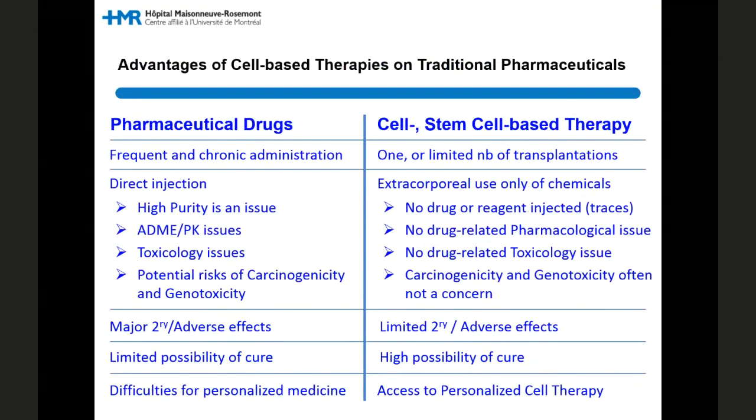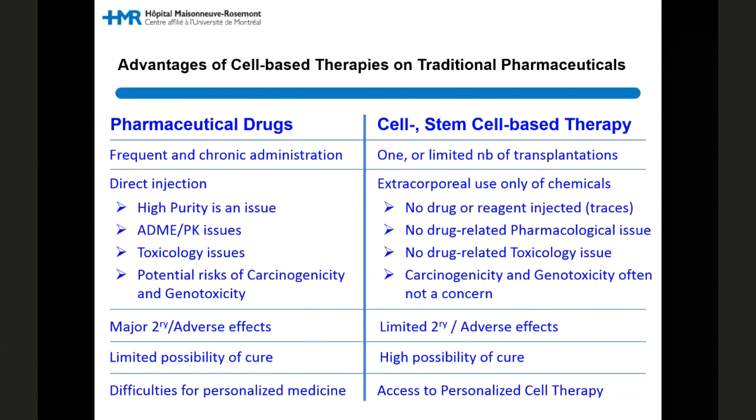And in all these instances, it's usually a limited possibility for cure. And this is not personalized medicine. And therefore, if we are to use these personalized cell therapies, it's possible then to administer cells either as a one-time injection or multiple injections.